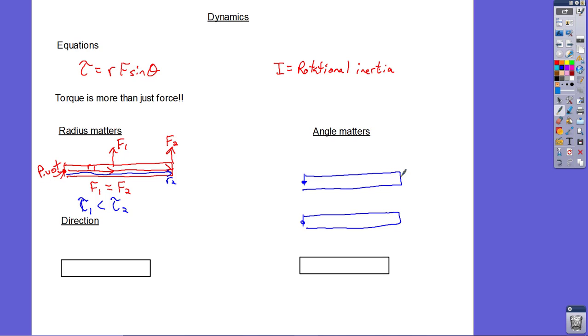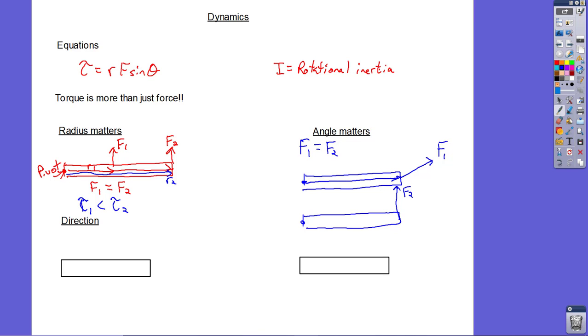So let's say we apply a force F in that direction, and we apply the force F in that direction. Okay, and let's say the two F's are equal again. Okay, so if I want torque 1, basically this means we're looking at the component of F perpendicular to R.